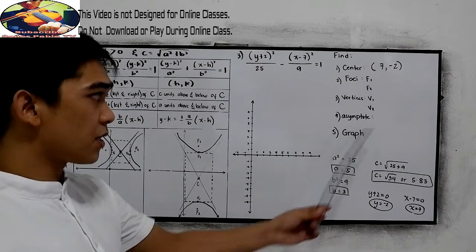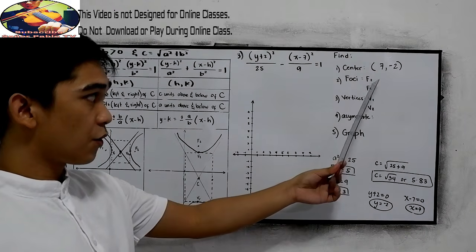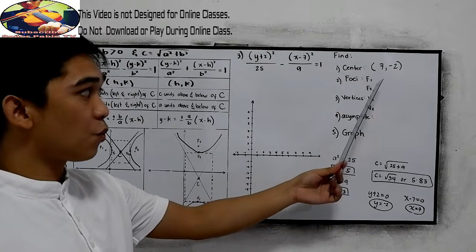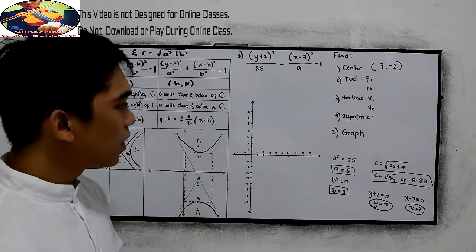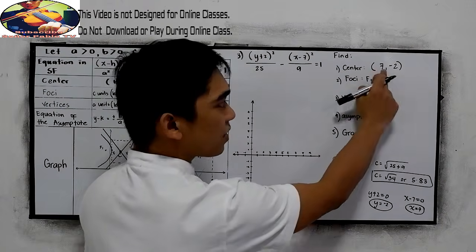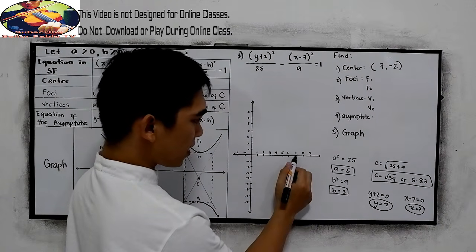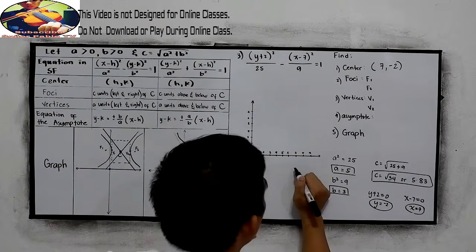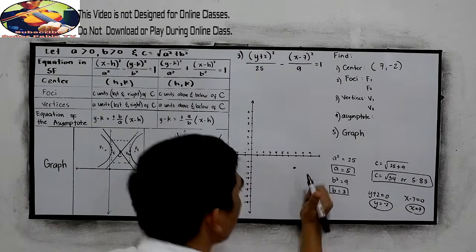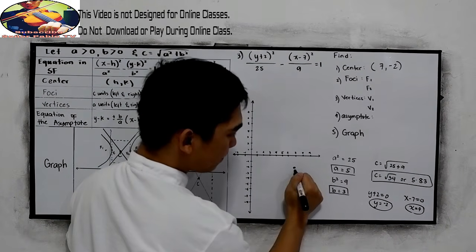Let us find first our foci, the f sub 1 and f sub 2. So locate our center, 7, negative 2. So 7, then negative 2. So it's here. This is our center.